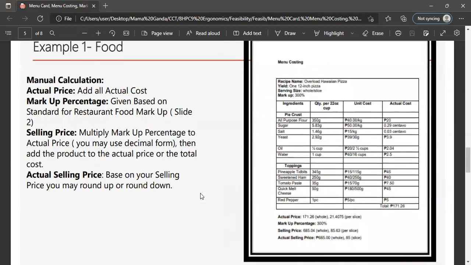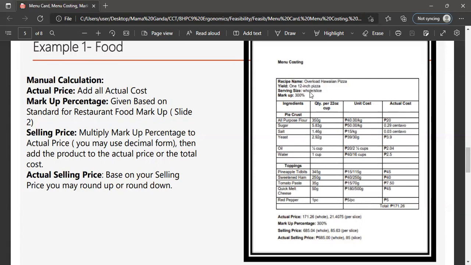For example, as you can see on this table, we have the recipe name, the yield, the serving size, and the markup. For the columns, we have the ingredients, the quantity used, the unit cost, and the actual cost.